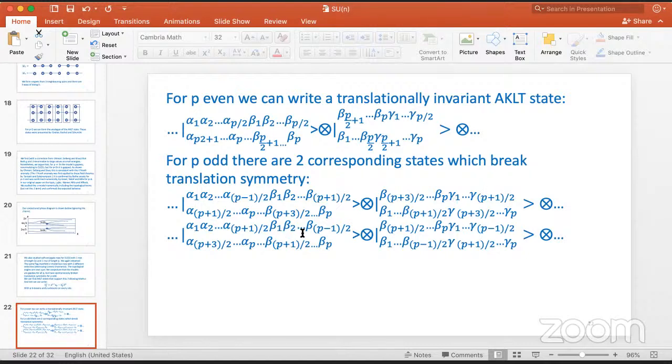Or we can do beta 1 to beta p minus 1 and beta p plus 1 to beta p. So now we have two different states which break translation symmetry because these are inequivalent. So here we have p plus 1 over 2 of these states, and here we have p minus 1 over 2 states. So we break translation symmetry. So we have an AKLT state for p even, but we have two different states which break translation symmetry for p odd.